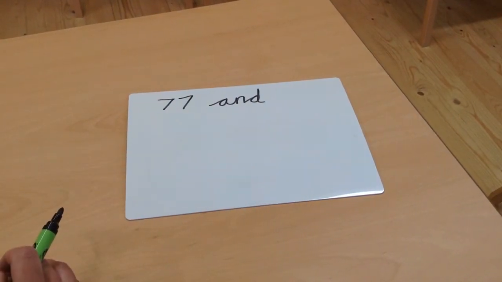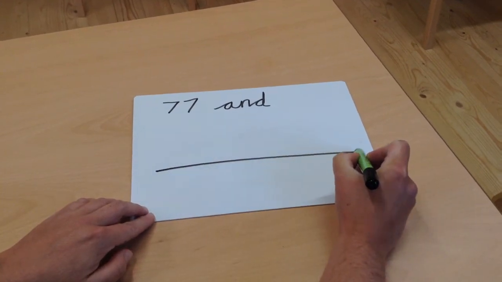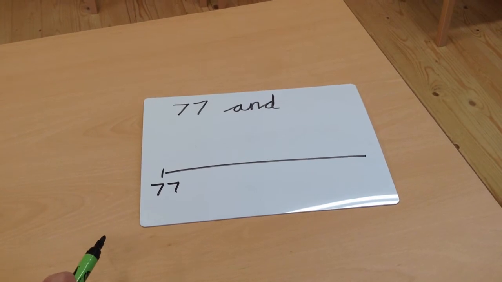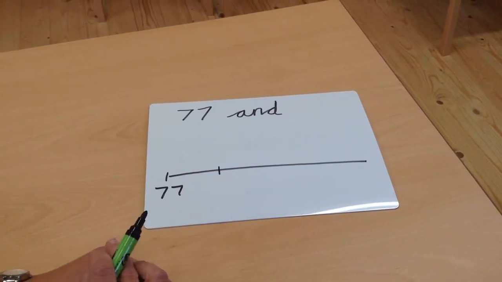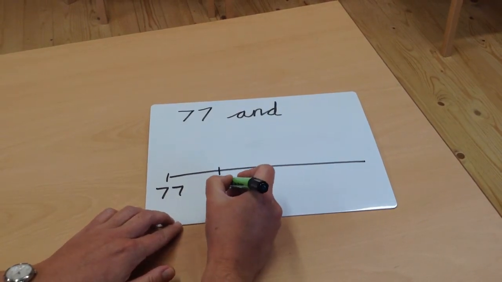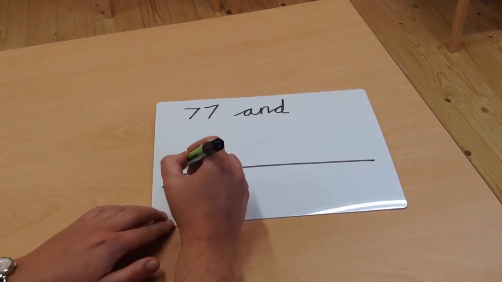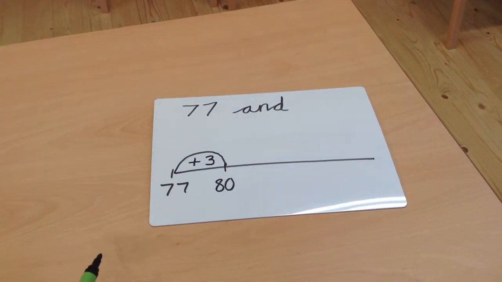77 and what total 100? So we'll start off by drawing our number line. I pop 77 at the start, and the first thing I'm going to do, I'm going to jump to the next multiple of 10, which is 80. I know 7 and 3 make 10, so 77 plus 3 will take me to 80.